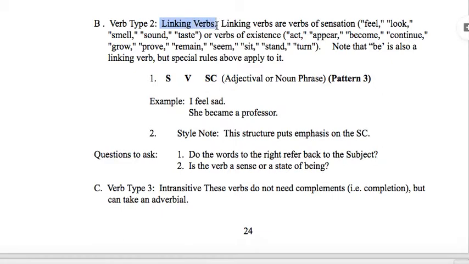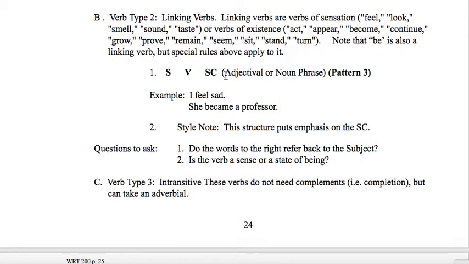And as I said before, a lot of grammarians include the be verb under the linking verb category, but we separate it out here because those be verbs can take an adverb after it, whereas other linking verbs cannot take an adverb after it. They just take the subject complement adjective or the subject complement noun phrase after it.